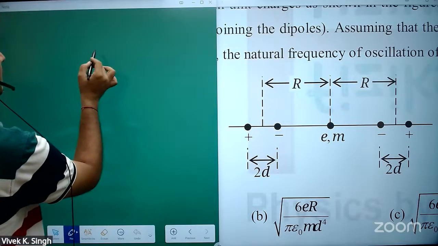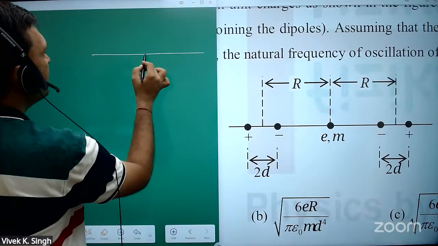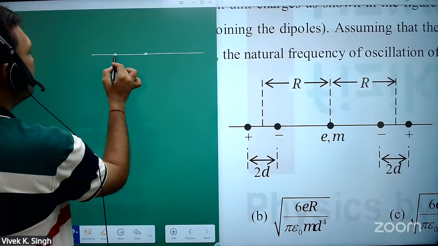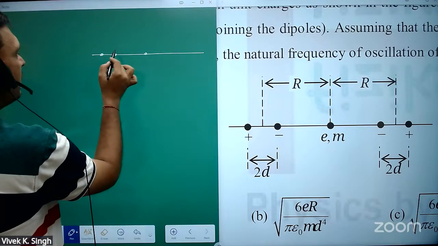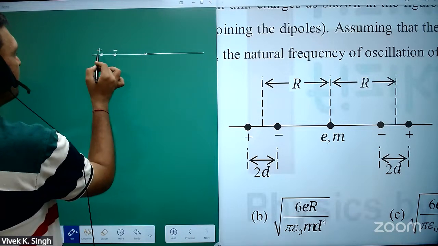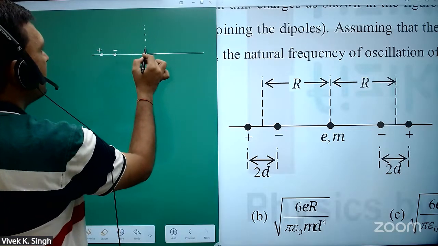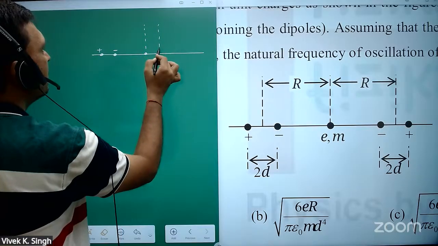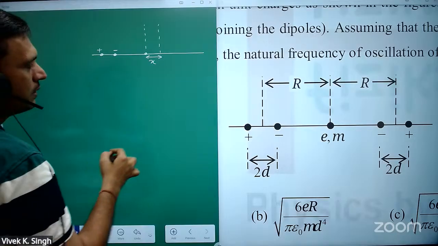Consider this is the midpoint. This is one dipole and this is another dipole. Let's say this is minus, this is plus, and the particle is slightly displaced from its mid position. This displacement is x.